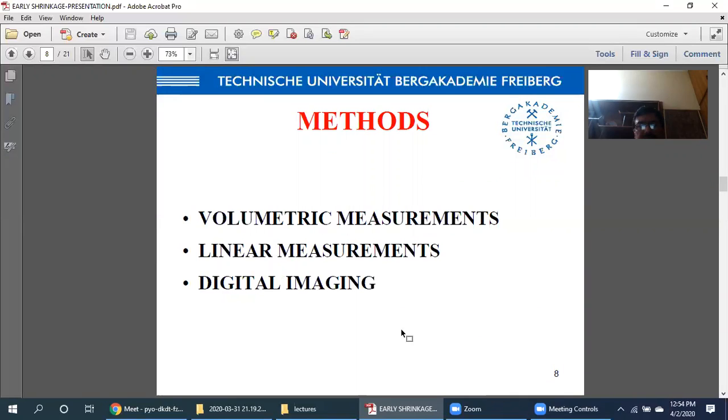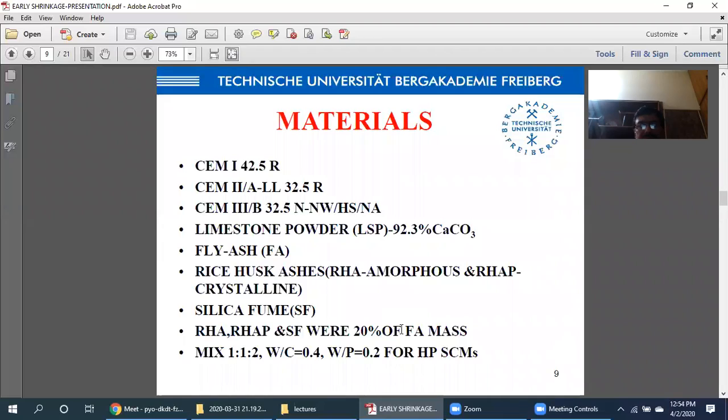Shrinkage can be measured in volumetric measurements, linear measurements, and digital image. The one I am showing you is linear measurement, although in the protocols which we have discussed in the previous course, there is a relationship between linear and volumetric shrinkages.